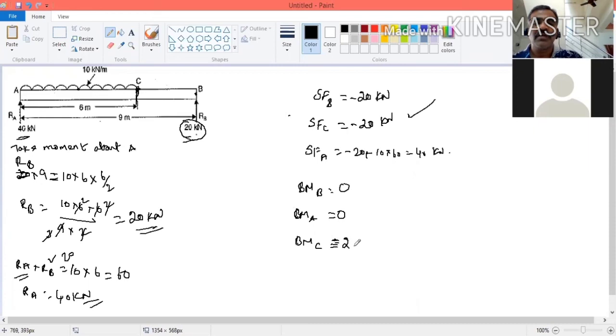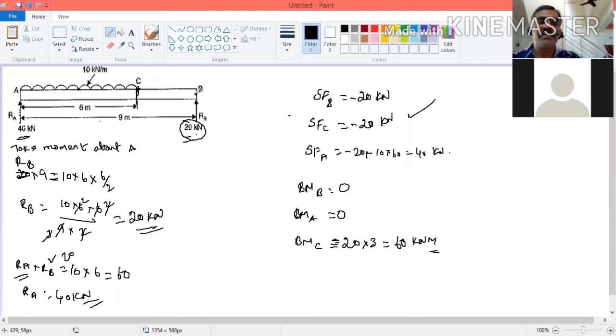This is a counterclockwise moment, so it is positive. Right side counterclockwise is positive. 20 into the distance, which is 3 meters. 20 into 3 is equal to 60 kilonewton meter.